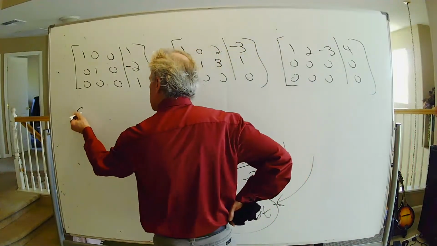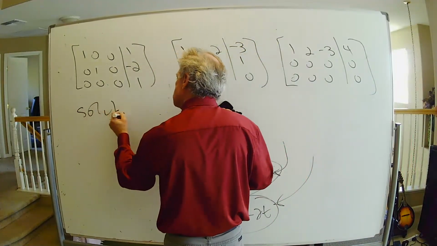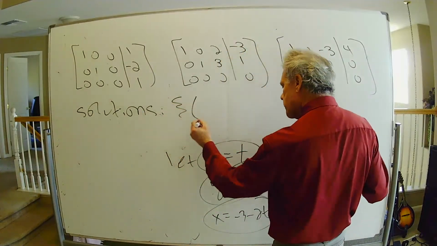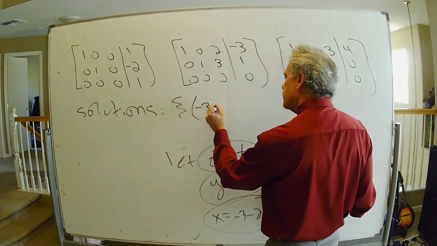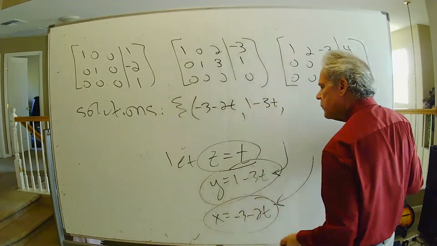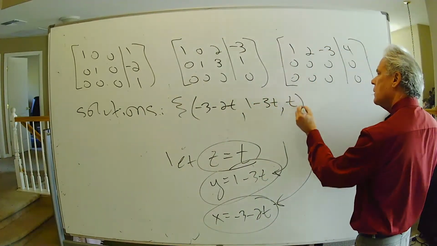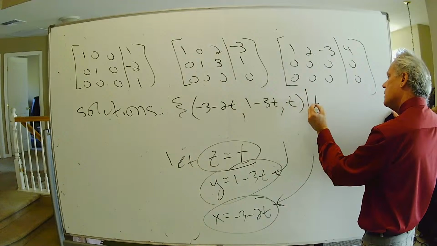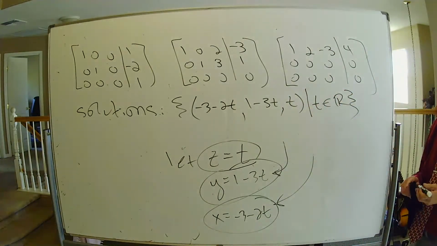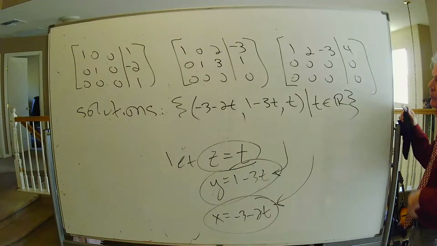I'll use what I refer to as set builder notation. So I have an ordered triple where x is negative 3 minus 2t. y can be expressed as 1 minus 3t. z can be replaced with just t, such that t ranges over the reals. That vertical bar simply represents the phrase "such that" when I use set builder notation.